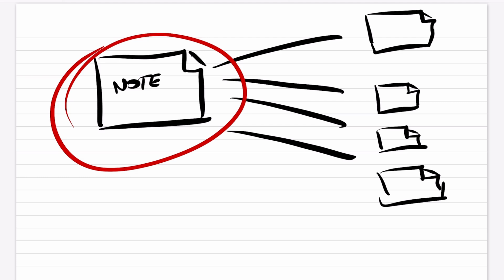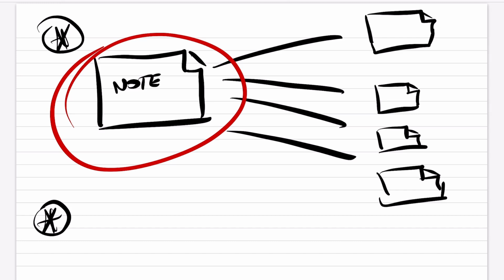But the second important concept is that the value of your note-taking system is more than the sum of all the notes that you have in it. Let me explain that.